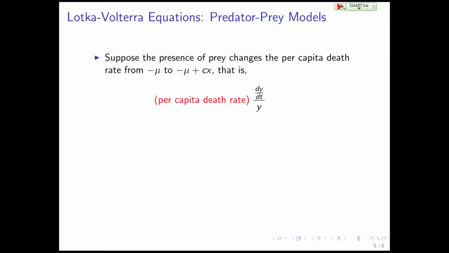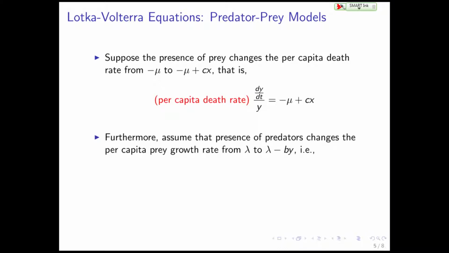In other words, this ratio, the derivative of the predator population size divided by the predator population size, is equal to minus mu plus a constant times the size of the population of prey.